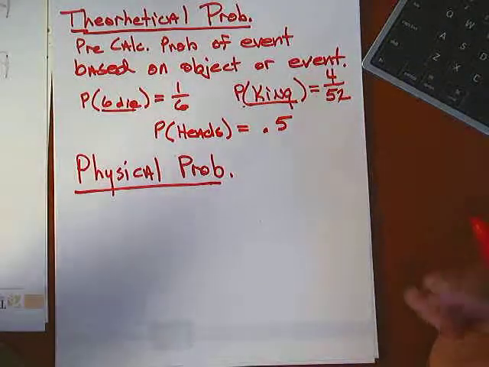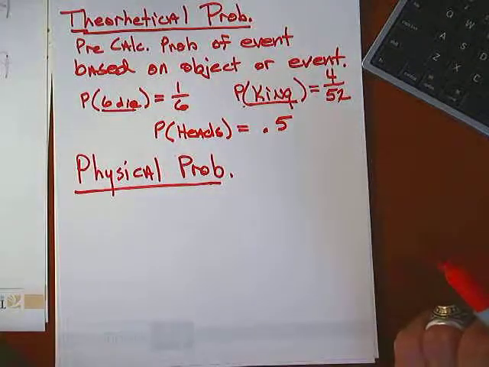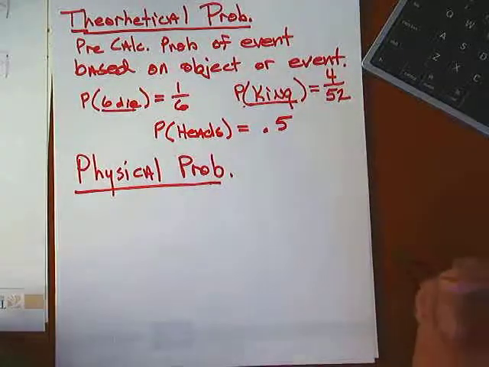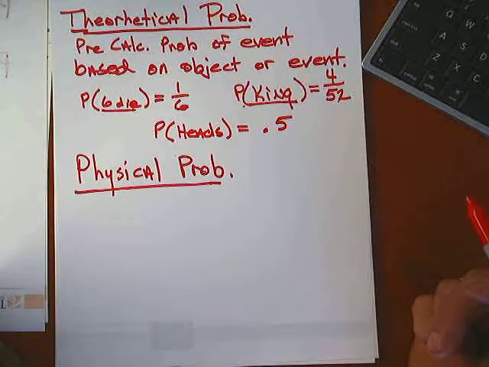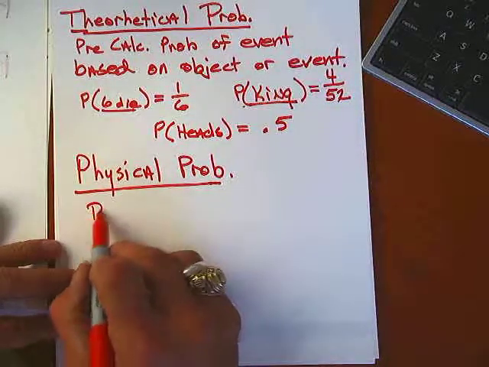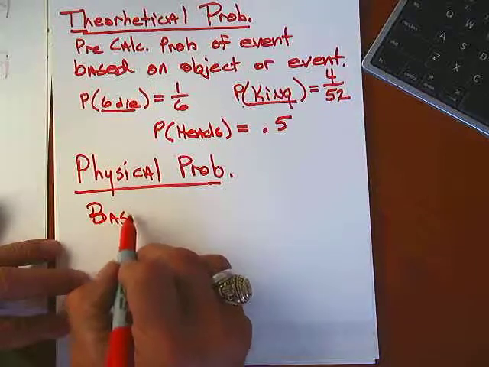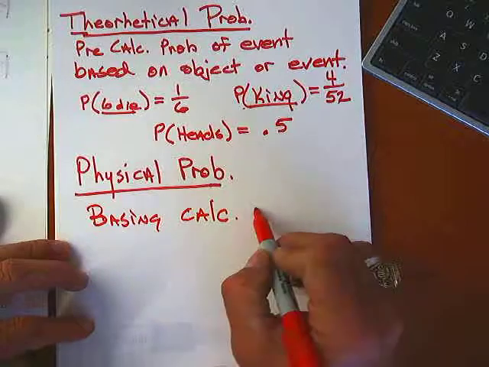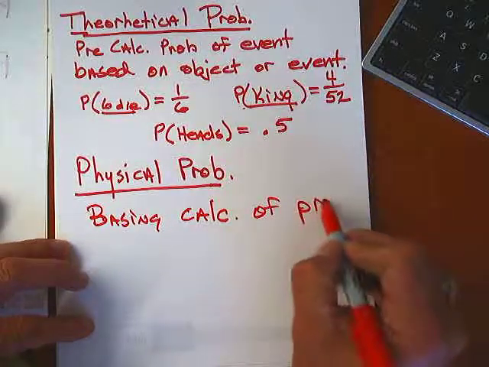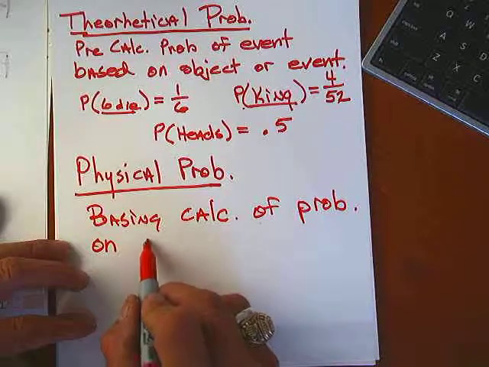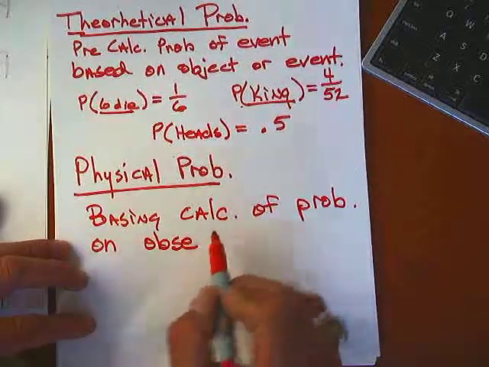That's what I like to call these types of probabilities. Another example: the probability of getting heads on a coin is equal to 0.5, because there's a head side and a tail side of a coin. So it's pre-calculated that you have a 50% chance of getting either one.